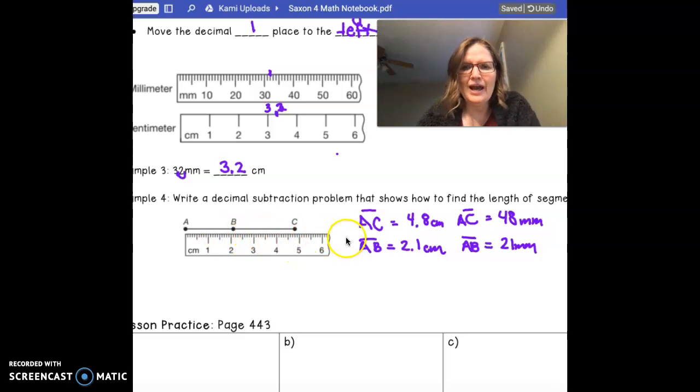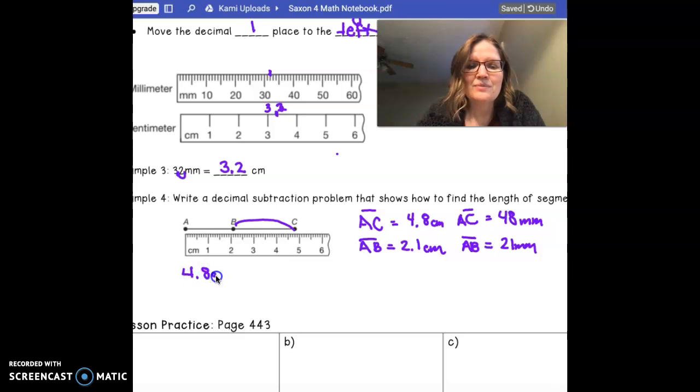So, how would we come up with a decimal subtraction problem to find this amount? First off, I'm going to take 4 and 8/10 centimeters, and I'm going to subtract my AB amount, which is 2 1/10 of a centimeter. And that will give me this BC amount.